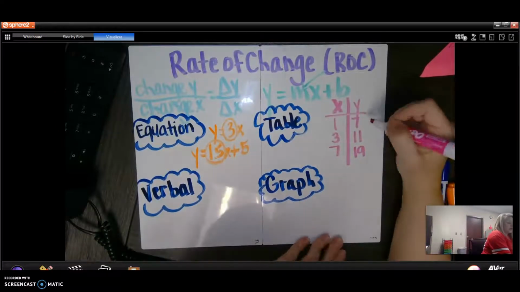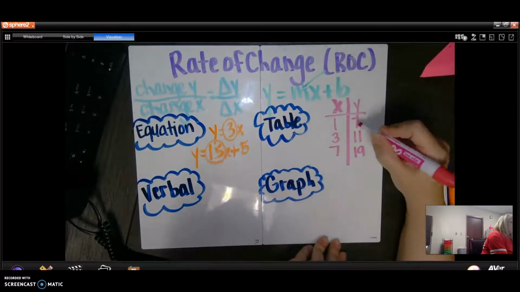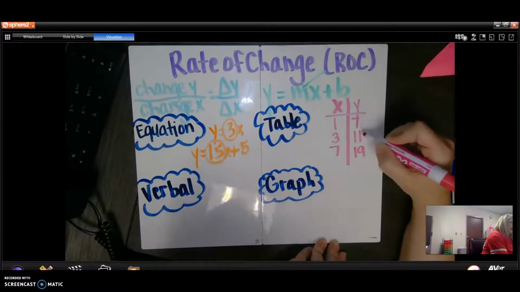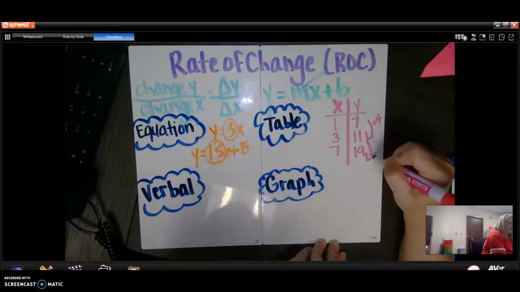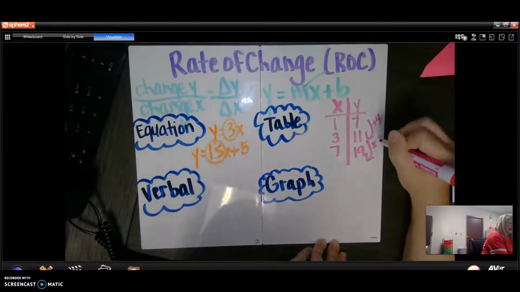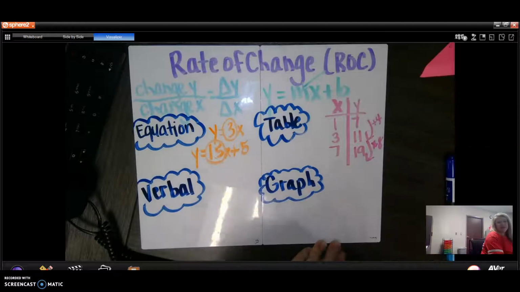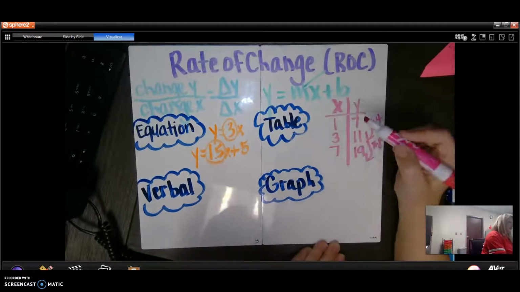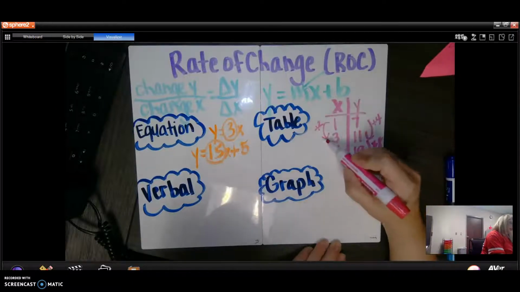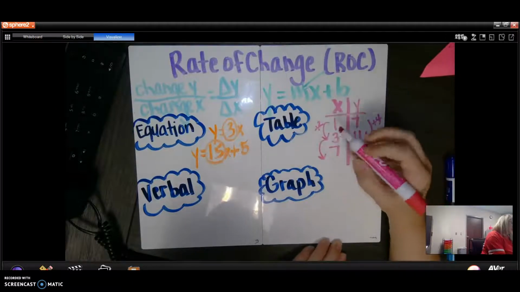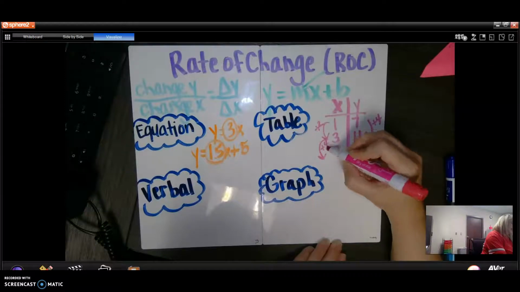Okay, so we're going to determine the change in y from 7 to 11, so this is adding 4, and then we are adding 8 from 11 to 19. We're going to do the same thing on the other side. From 1 to 3, we're adding 2. And from 3 to 7, we are adding 4.